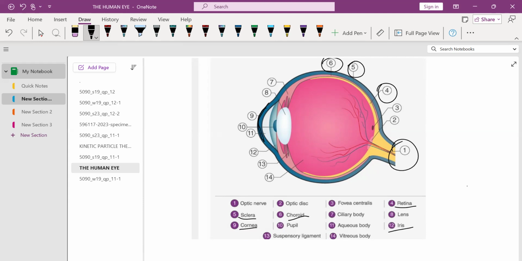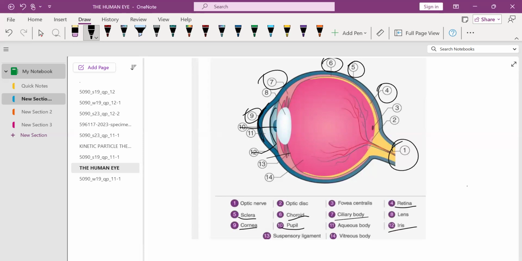And then the iris is labeled as 12. This is the iris, this portion. Then the ciliary bodies, which are labeled as 7. Then the suspensory ligaments, which are labeled as 13. Then the pupil, which is labeled as 10. Here is the pupil.